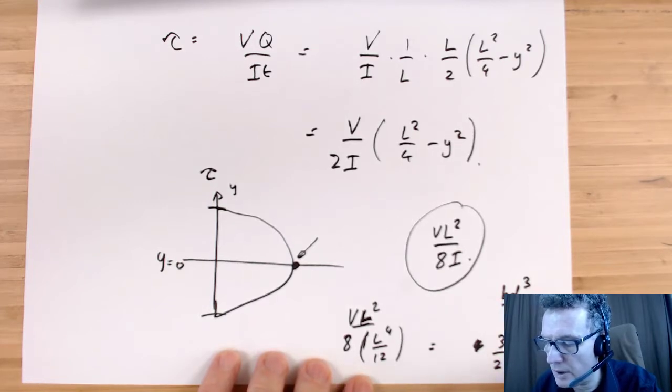The L squared divided by L squared equals 3 over 2.